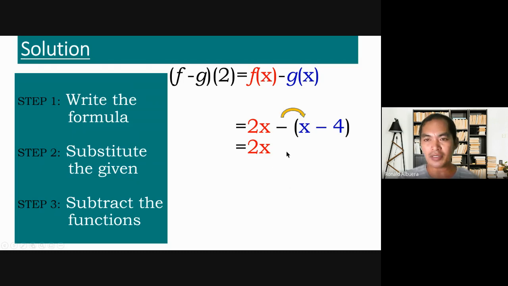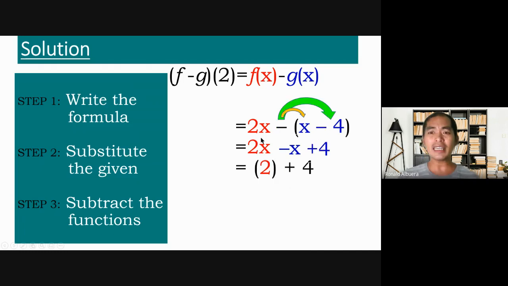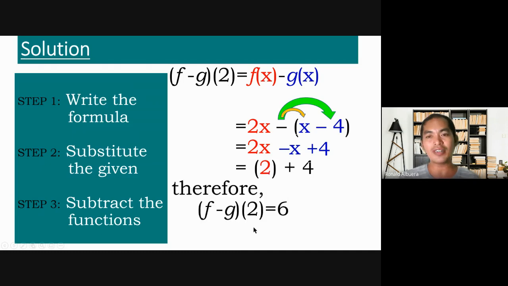We distribute. So we have negative x, and distribute, we have positive 4. And then we simplify. 2x minus x is x. And then automatic, you substitute 2. We have 2 plus 4 is 6. That's the value of the function evaluated at x equals 2, which is 6.